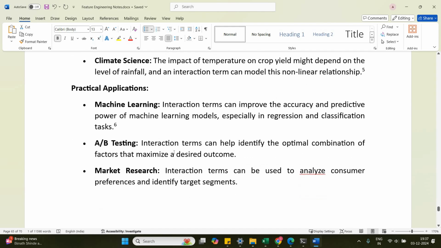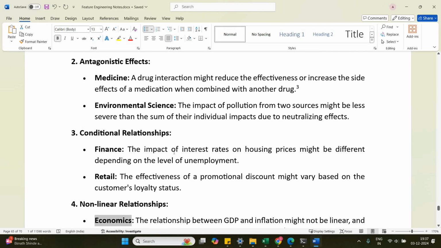The whole purpose of this discussion was that you should be able to decide when to use interaction terms, first thing. And the second thing is that if you are going to use interaction terms to train your model, you should equip yourself with good domain knowledge, so that you are correctly able to decide what those interaction terms in your data should be, right?